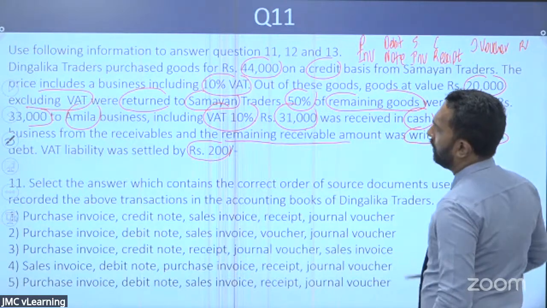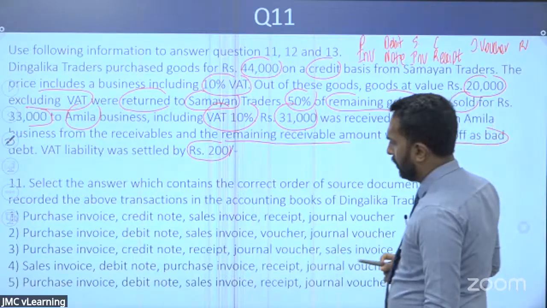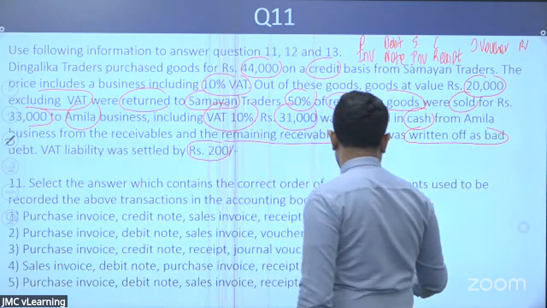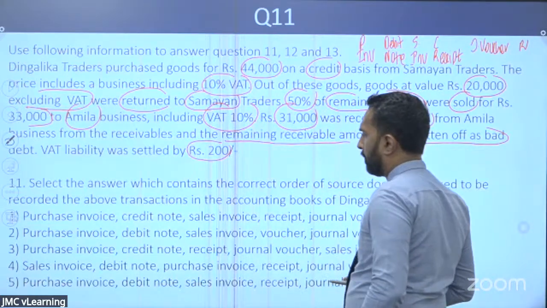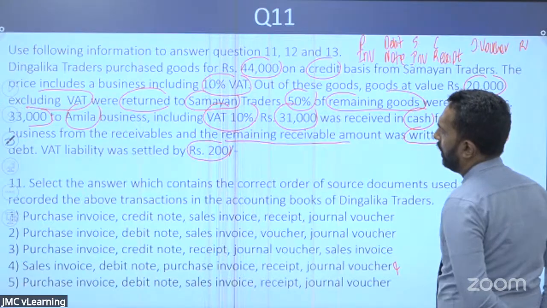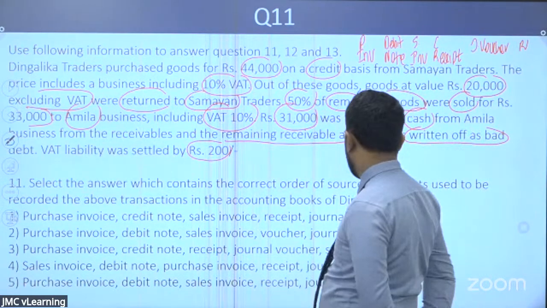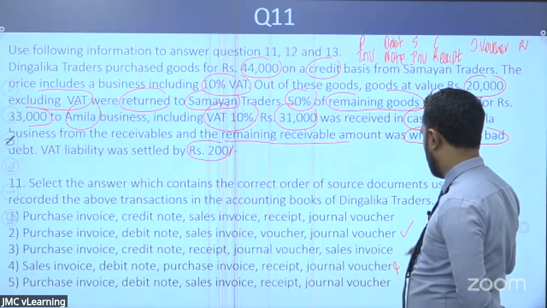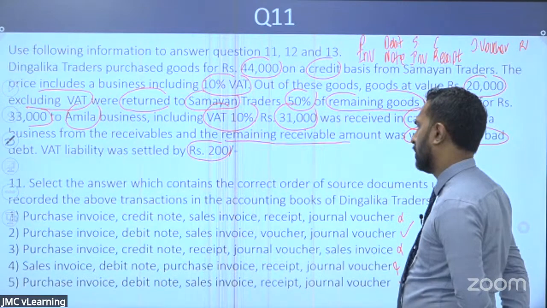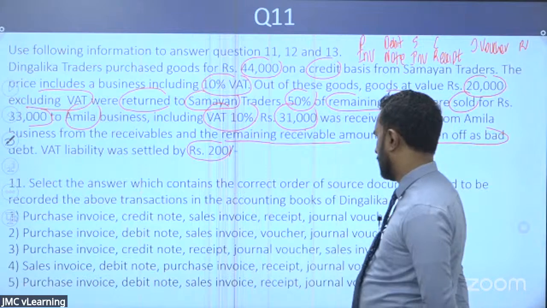Look at the most appropriate answer. The fourth one starts with the sales invoice, so that's not a correct answer. After the purchase invoice, we need to look at the debit note, so it should be either the second one or the fifth one. Then the third one would be the sales invoice, that's correct.